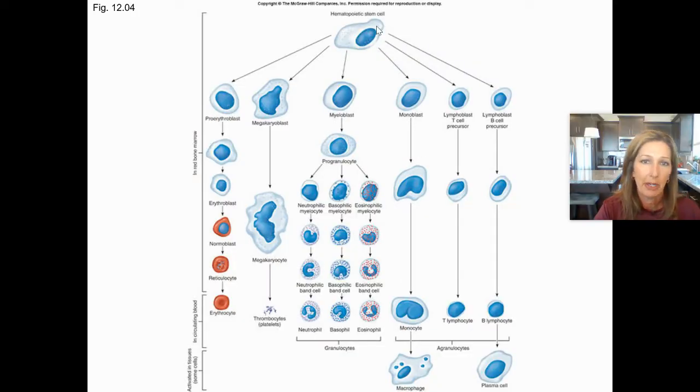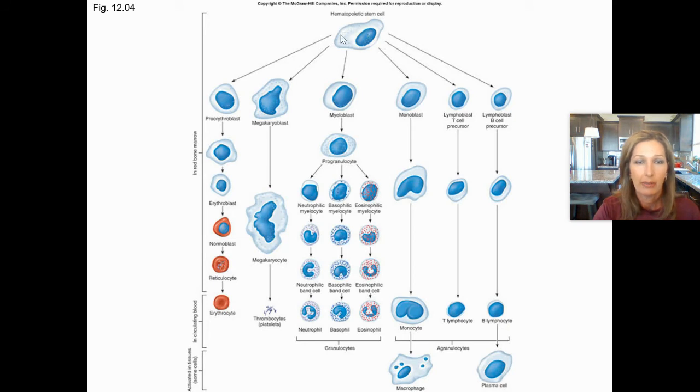Now, in your bone marrow, you have stem cells, and these are what are referred to as pluripotent stem cells. Depending on what signal hormone they receive, those stem cells will differentiate into cells that produce red blood cells, or a type of cell that's going to break down into platelets, or different cells that can make our different leukocytes, our white blood cells.